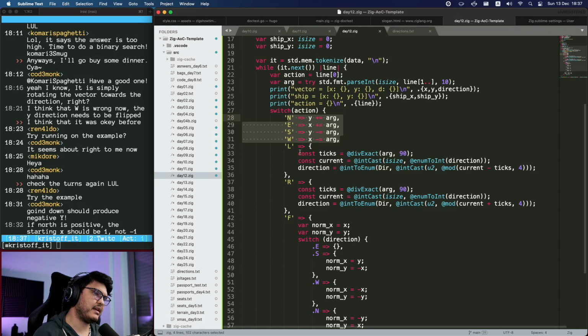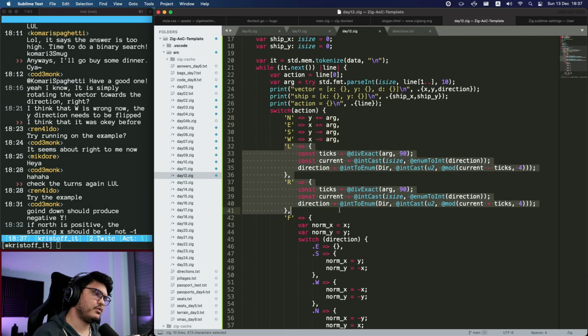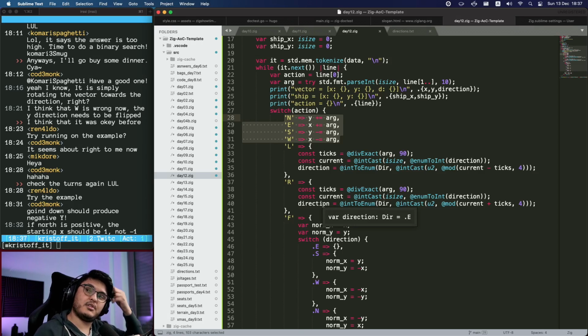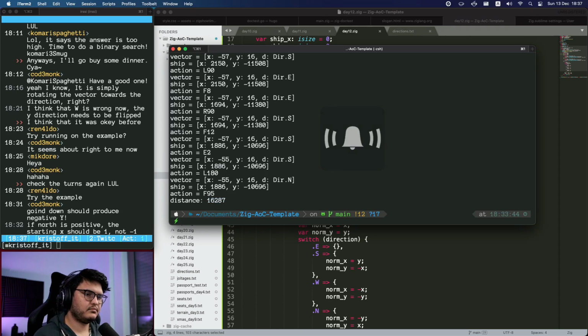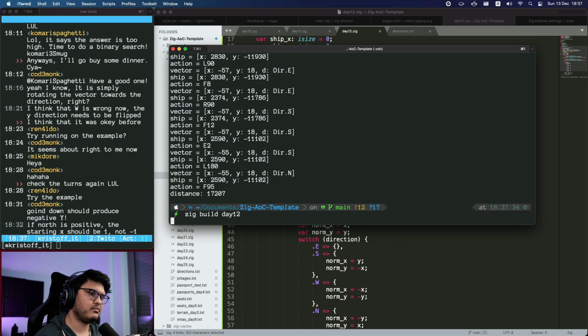I could change these to apply the transformation to the vectors in place, but then I would have to do this and, man. Although, maybe that would work. Oh, that's terrible. Oh, wait, why am I getting a different number?